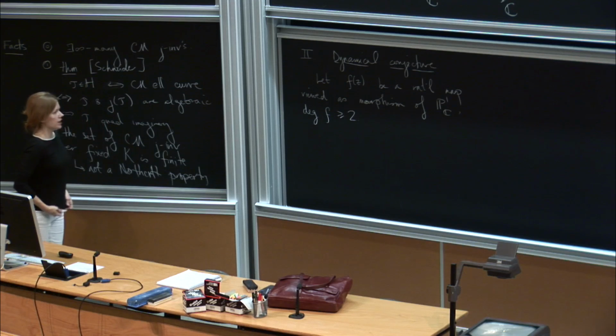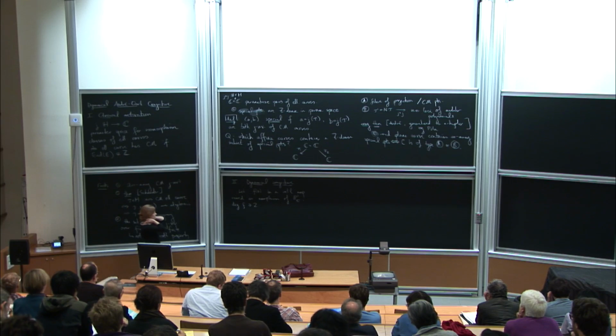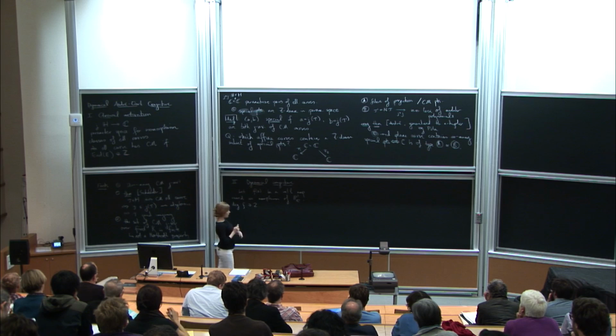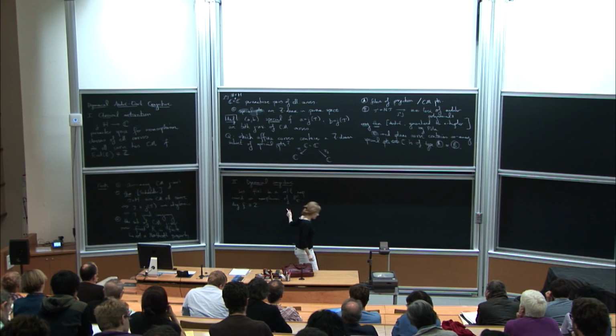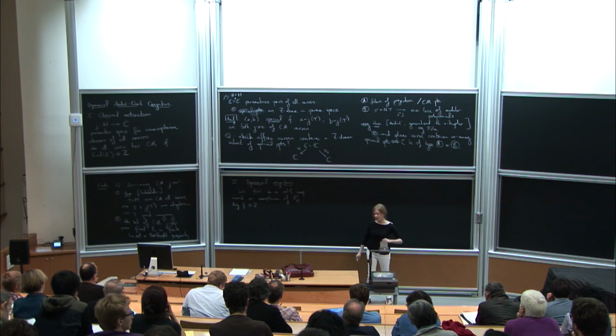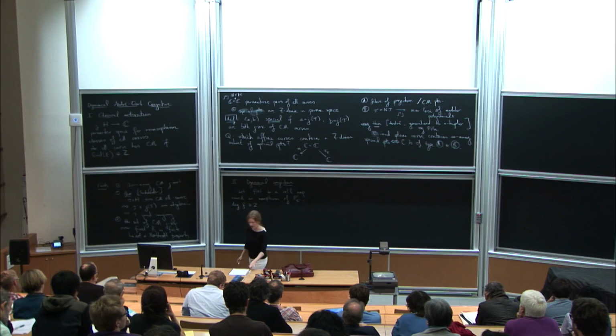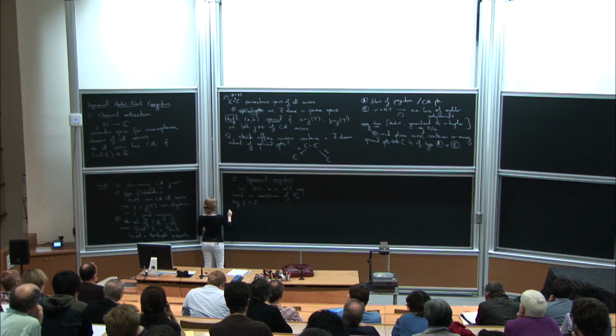Okay. So before I can talk about what the right kind of analog of the André-Oort conjecture might be for moduli spaces of these kinds of things, I need to give some definitions that are basic to dynamics. So, definitions.